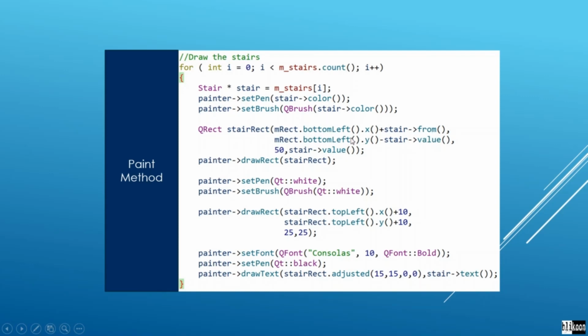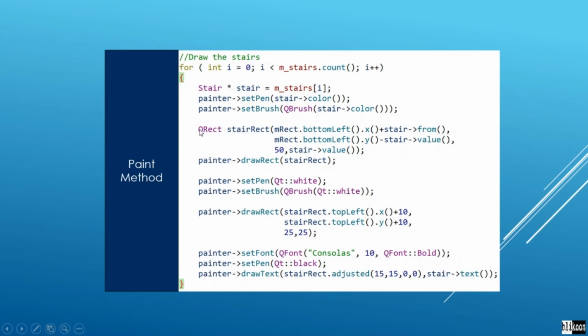We are capturing the bottom left point and setting the X coordinate. You see that we are adding the from or the starting position here. We grab the value. We set the Y coordinate to be the Y coordinate of the bottom left, and we are subtracting the value, and we are specifying the width and the height of our rectangle.